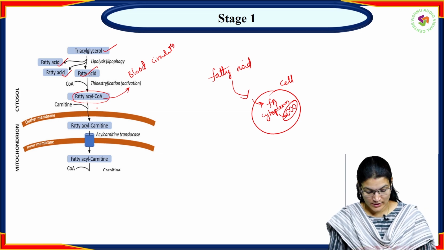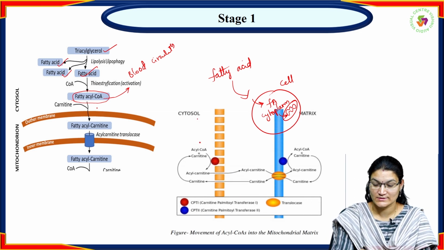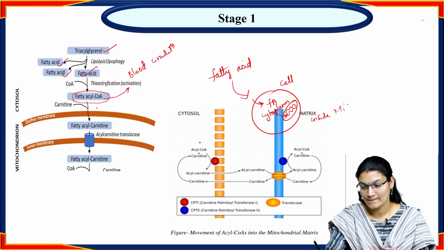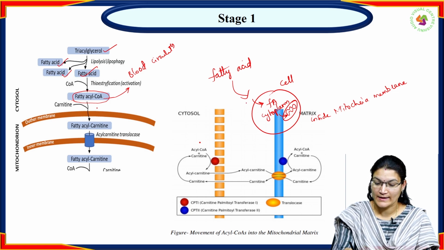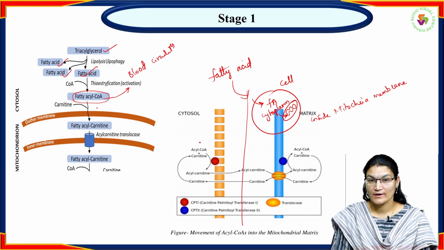And from the cytosol of the cell to enter inside the mitochondrial membrane, which we call the matrix, we have one more barrier. This is outside the mitochondrial membrane.